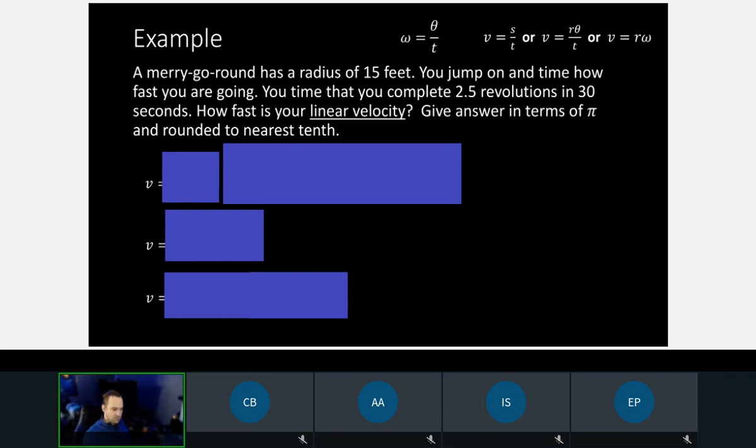Write this down. We're given the radius, which is 15. What else are we given? We're given revolutions per 30 seconds. So revolutions in 30 seconds.